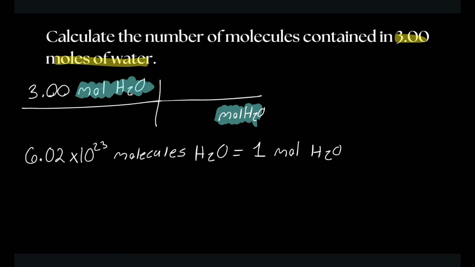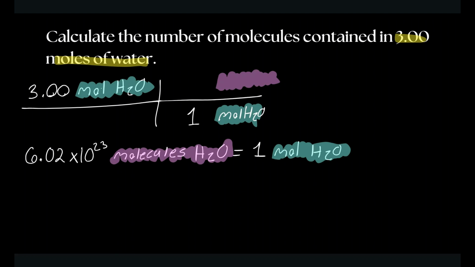Now that mole of our H2O is going to go in the bottom right, which is our 1, and what that is equal to being the molecules. So our molecules of our H2O is going to go on top. So this will be our molecules of the H2O, being that 6.02 times 10 to the 23rd.